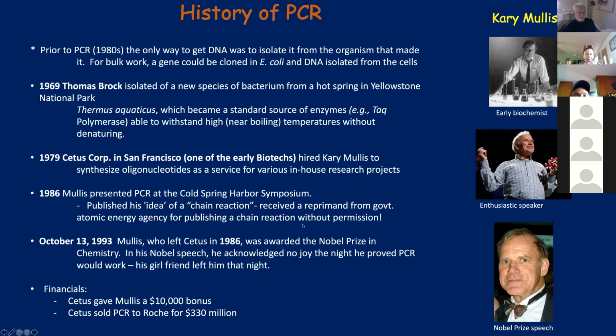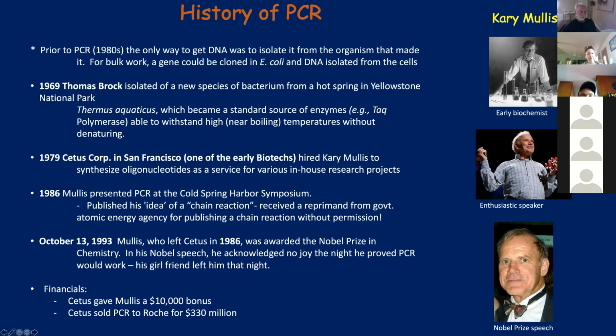Well, the bacterium that he isolated was called Thermus aquaticus. And many enzymes have been isolated from that bacterium. They're all heat tolerant, but one of them is a DNA polymerase called Taq, T-A-Q, Taq polymerase. And that's what's used in PCR.